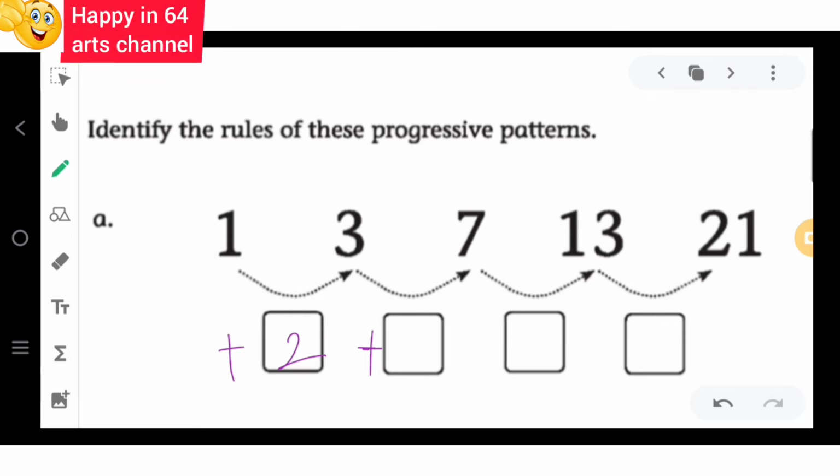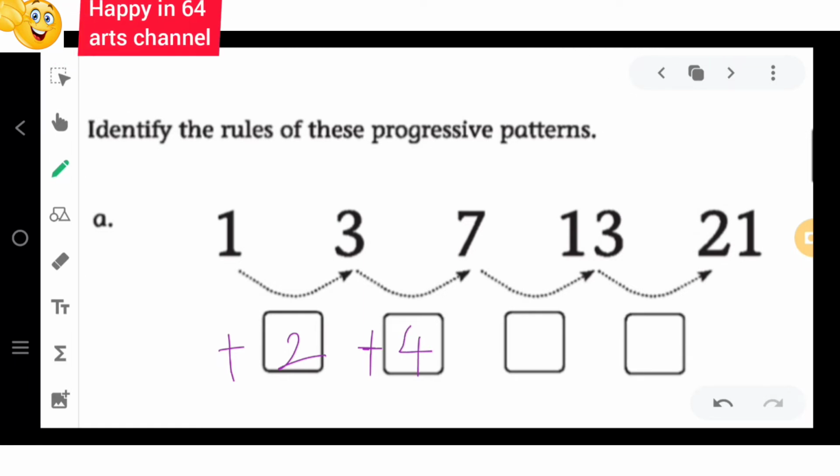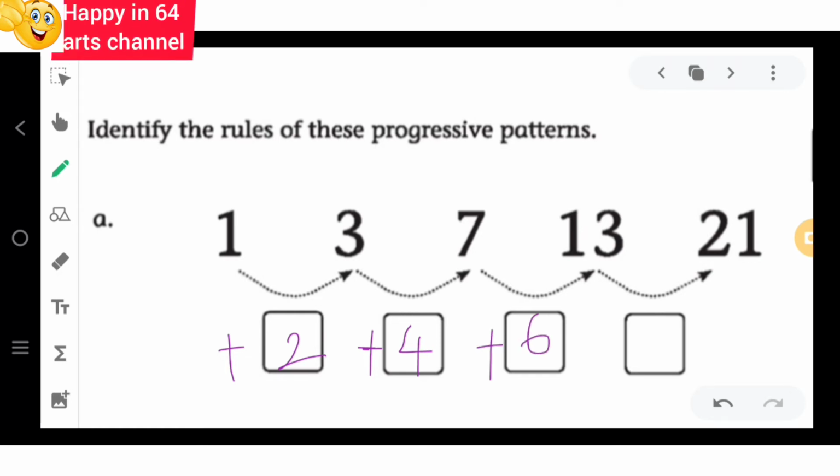Can we try, so after 3, 3 plus 3 will get 6, so it is not 7. So I can move on, 3 plus 4, 7. So 7 plus 6, the answer is 13, and plus 8, 13 plus 8 equals 21.